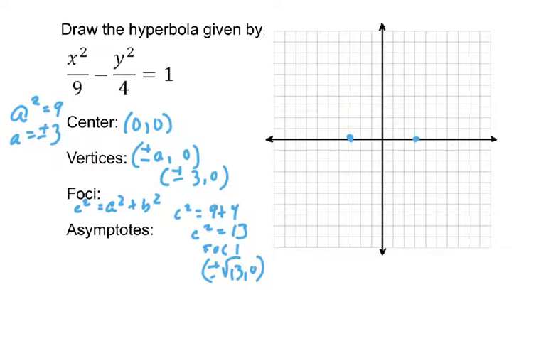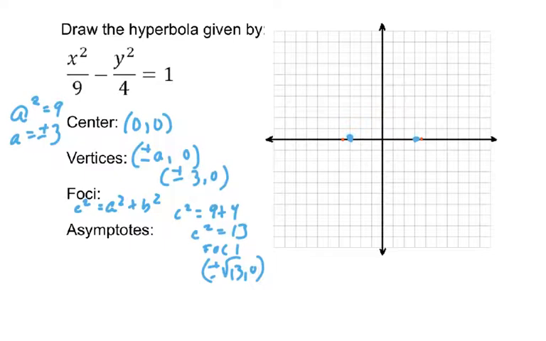And the square root of 13 is just over 3. So our foci are just here and here. The foci are always inside the curved portion of a conic section. It just so happens that for a hyperbola, those curved portions are facing away from each other. So the foci end up being on the outside, versus an ellipse where they are on the inside.